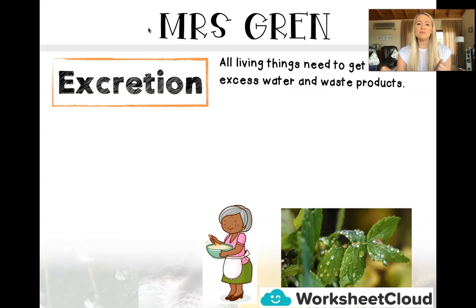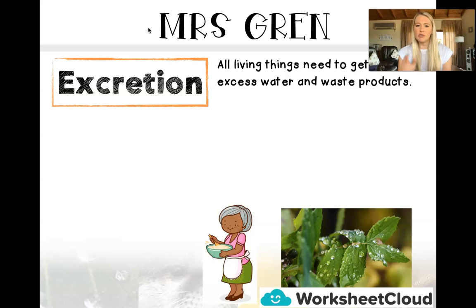Now, I'm sure all of you possibly know what excretion means, but if you don't, the meaning of excretion is that all living things need to be able to get rid of excess water and waste products. So anything in the body or in that living organism that they don't need anymore, that doesn't serve a purpose for them, they then have to release it.